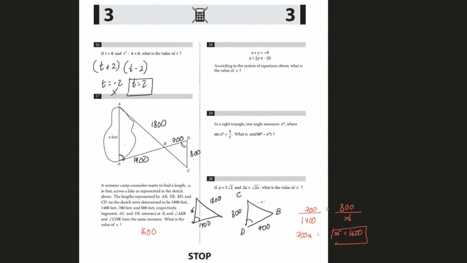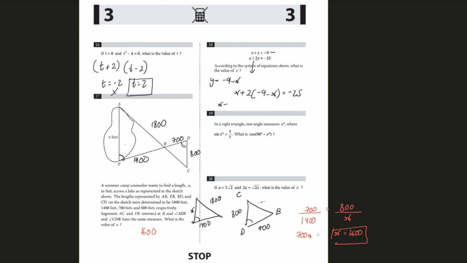According to the system of equations above, what is the value of X? So this is a simultaneous equation that we have, where we have to find out the value of X. So make Y the subject in this one. So Y is equal to minus 9 minus X. So here, X plus 2 times minus 9 minus X is equal to minus 25.